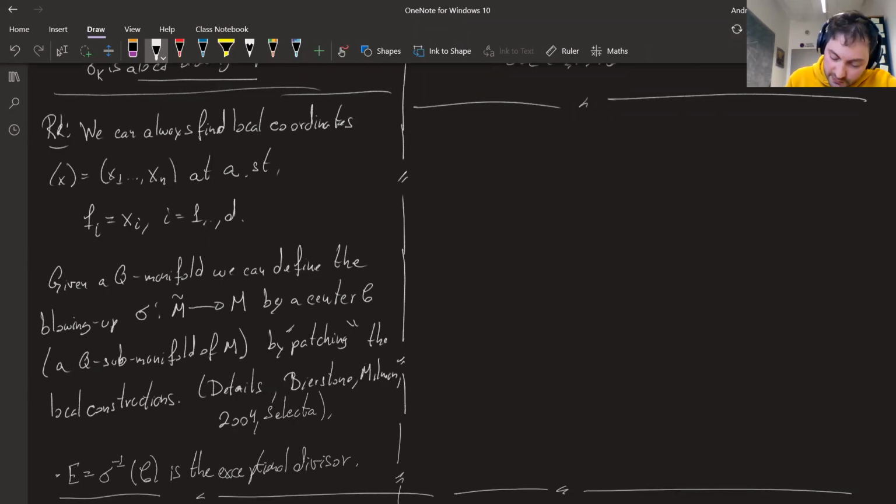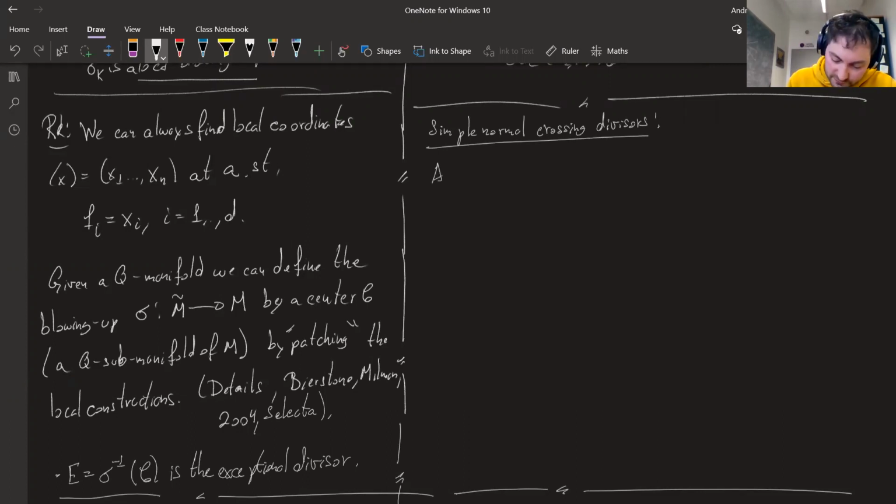And this brings me to talk about simple normal crossing divisors. So E is the exceptional divisor, and we want to keep track, when we do more than one blowing up, of all of the divisors that are going to appear.